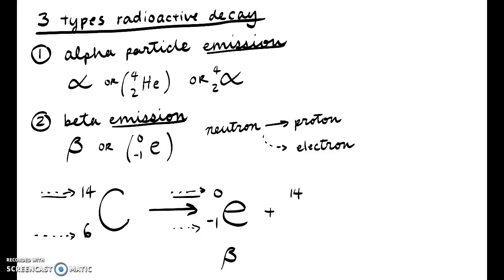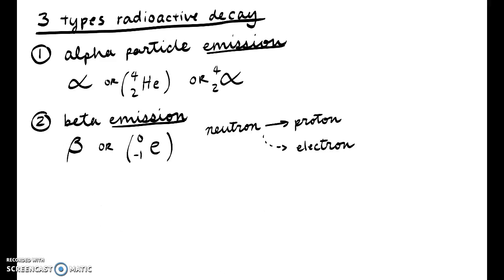But if we take 6 minus -1, we basically have to add 1 to 6. So we have 14 and 7. When we check the numbers on the right, 14 plus 0 is 14, and -1 plus 7 is 6. So which element has 7 protons? Nitrogen. So when carbon-14 emits a beta particle, we get nitrogen.